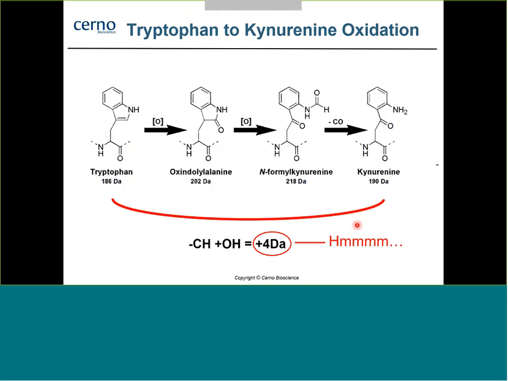What we did is, the other possible known degradation pathway that is known to occur here is oxidation. And if you look at this oxidation of tryptophan to quinine, you'll see that after the oxidation, the change in the molecular weight is about 4 Daltons, okay?